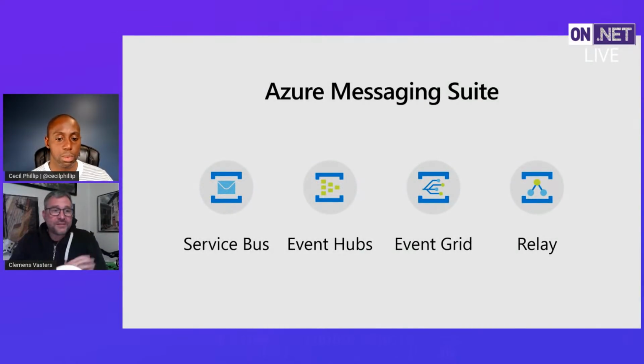What I'll show is a set of services that we have: ServiceBus, EventHubs, EventGrid, and Relay, which make up a family of services. What's important to understand is that they don't compete with each other. I see very often folks talking about using EventHubs or Kafka as the only message bus, versus ServiceBus.